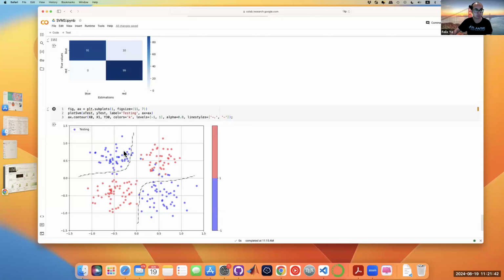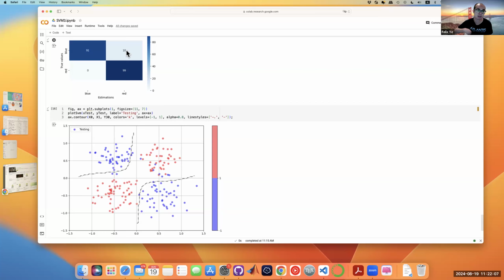Everything being classified as blue is actually blue. Everything being classified as red has some blue dots scattered in it, so it makes some testing error. The testing error we got is 10 out of 200.